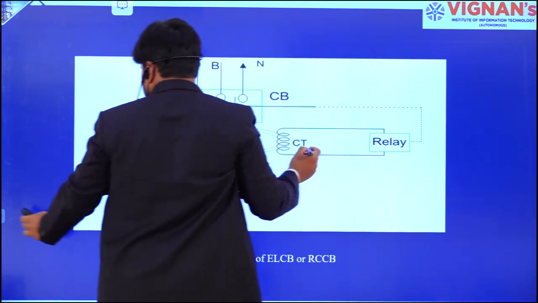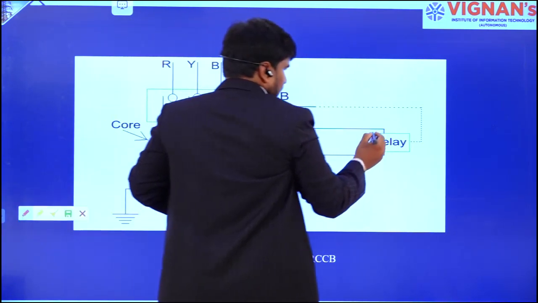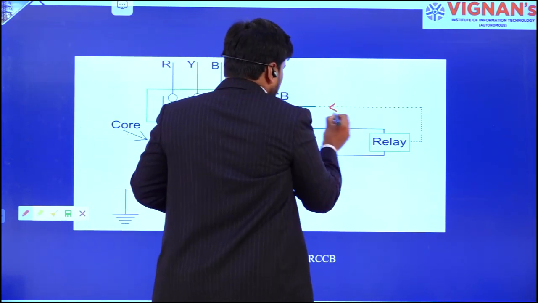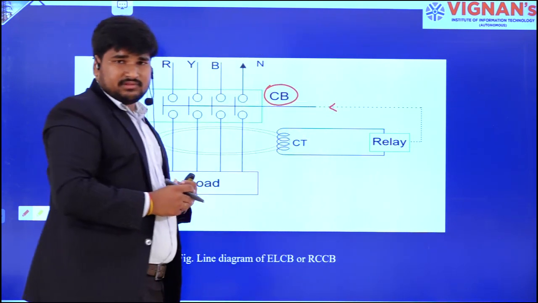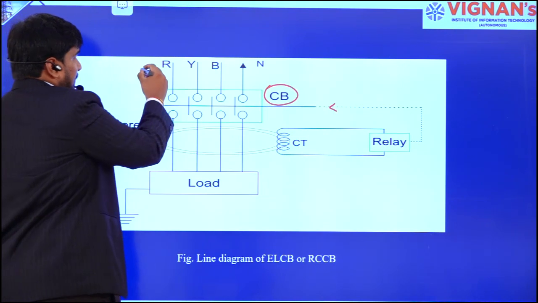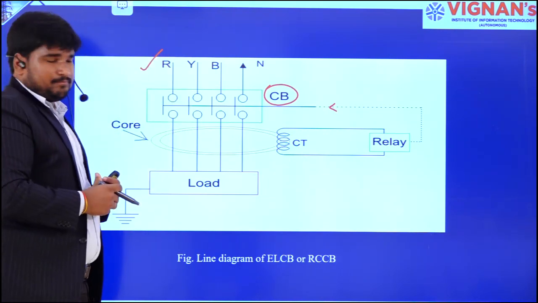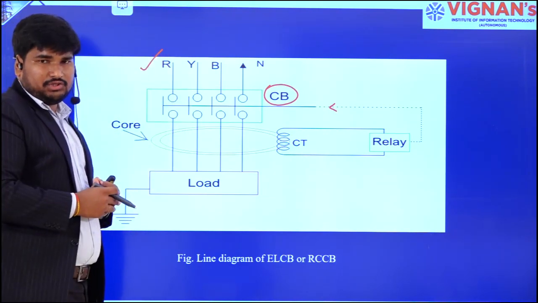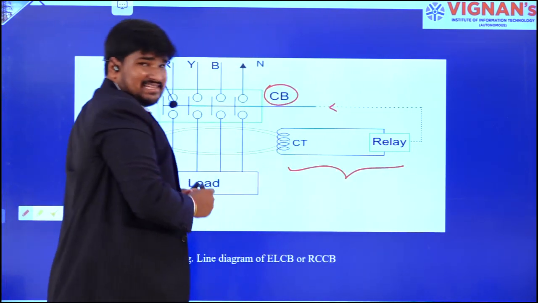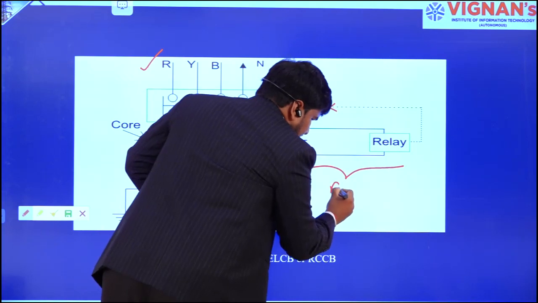So whenever there is a residual current, the relay will give a signal to the circuit breaker. Hence the supply will be disconnected to the load. Now this entire equipment except the circuit breaker will be called the residual current device.